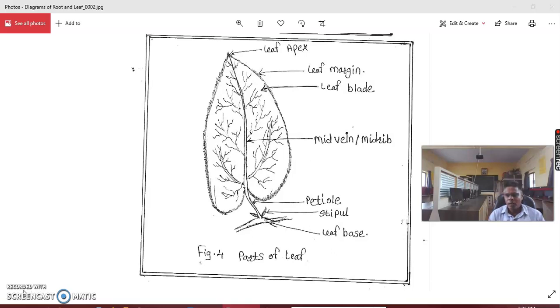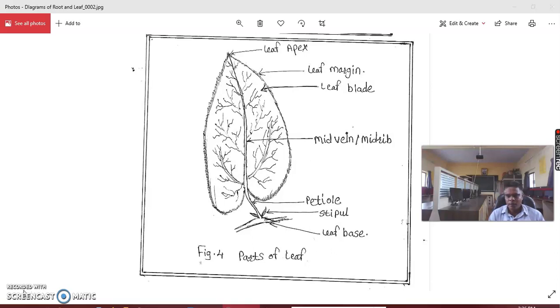When stipules are present in a leaf, it is said to be stipulated, and when the stipule is absent, it is called exstipulated. Then we study the functions of leaf.